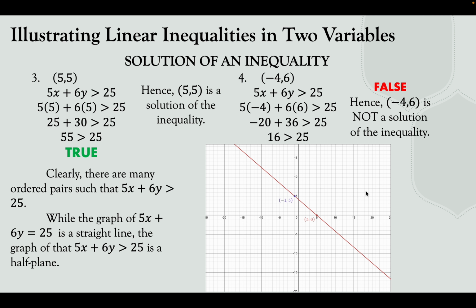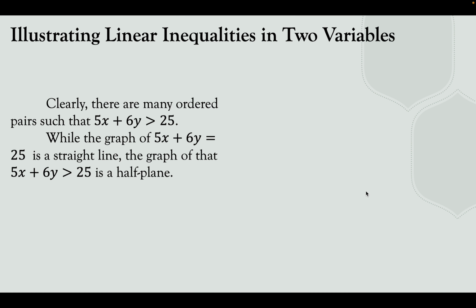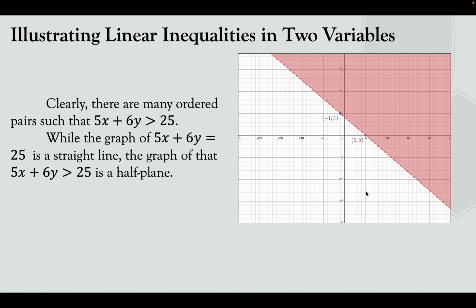So we can create a straight line. While in the graph of 5x plus 6y greater than 25, we can create a half plane. So all the points in the shaded region, the red part, are considered a solution of our linear inequality.